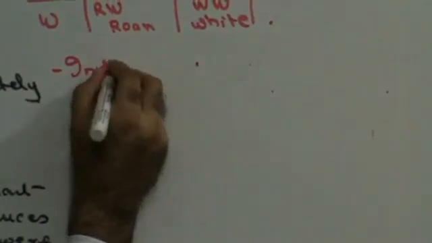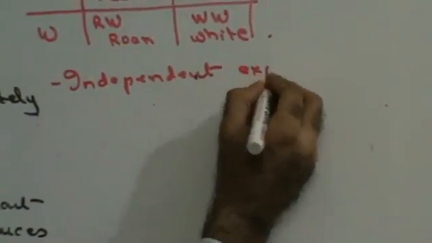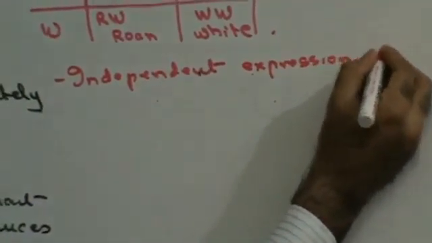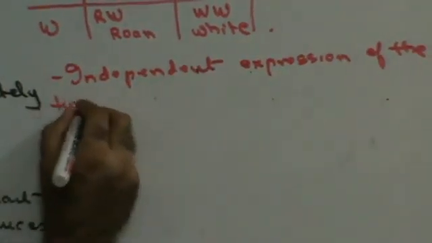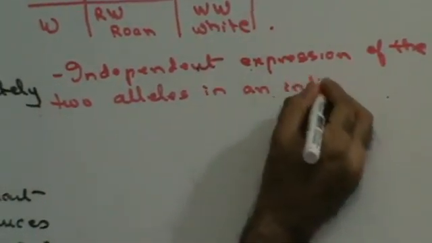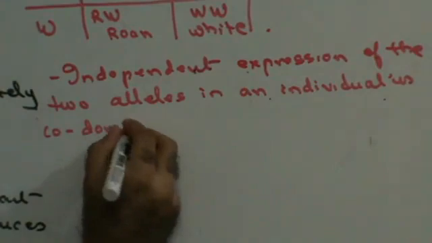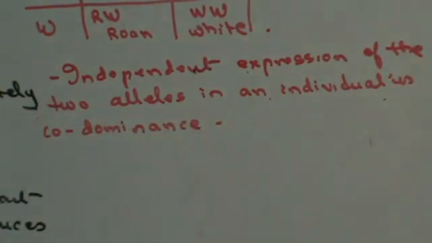So I can therefore say that independent expression of the two alleles in an individual is called codominance.